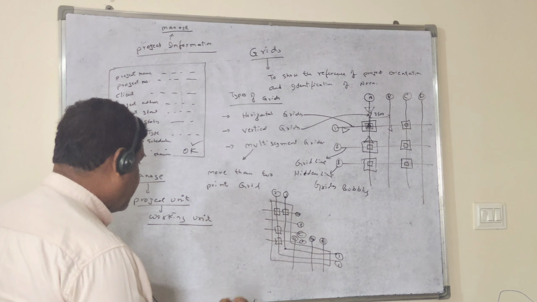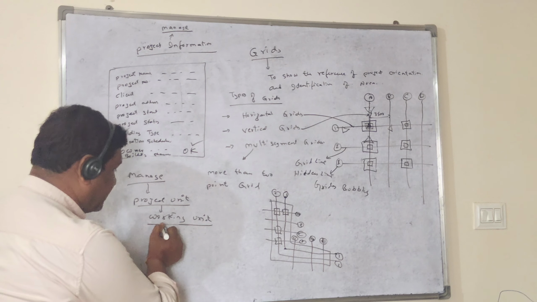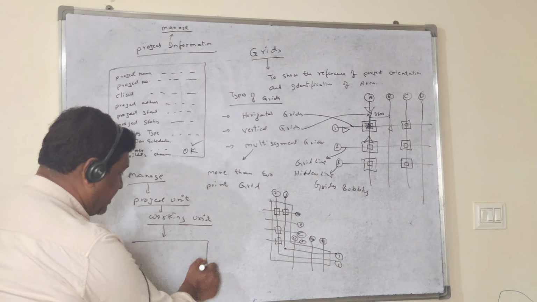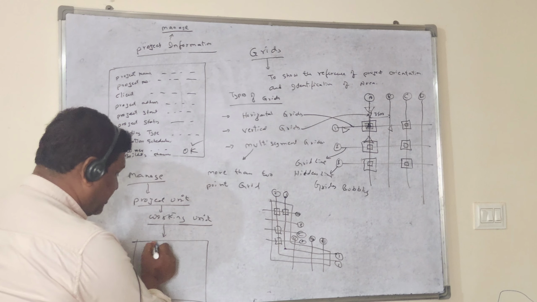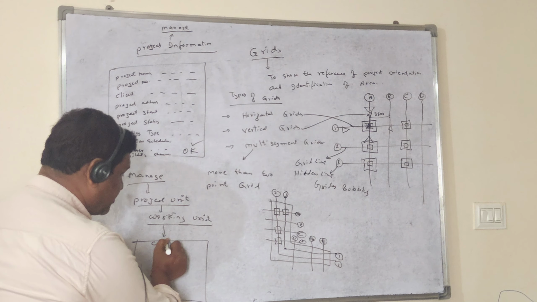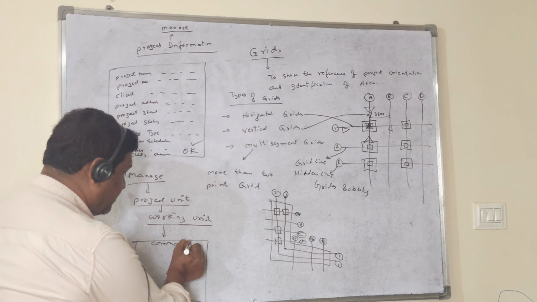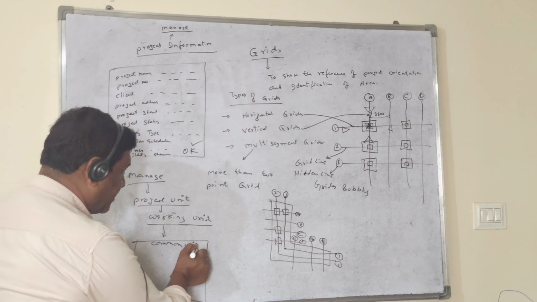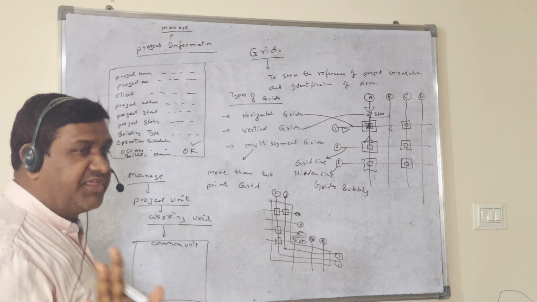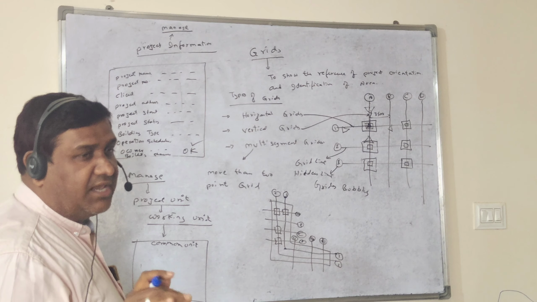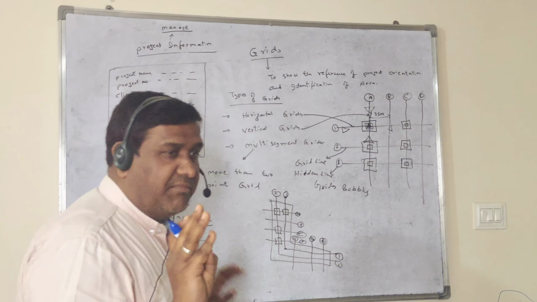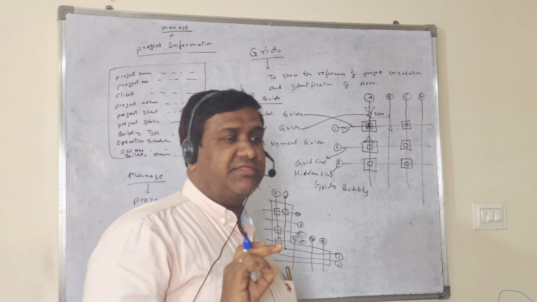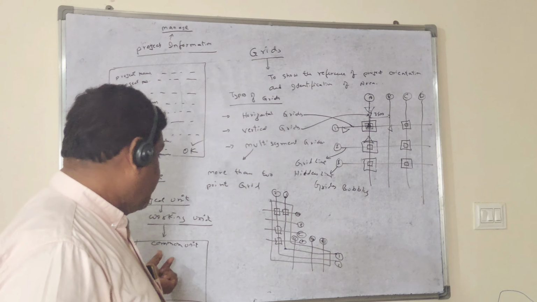So working units will be there in the manage menu. You just click and open it. One palette will open. In that palette there is a menu called common units. Common means it is common for all services like architecture, structure, mechanical, electrical, BMS, all services. That is what common units is.